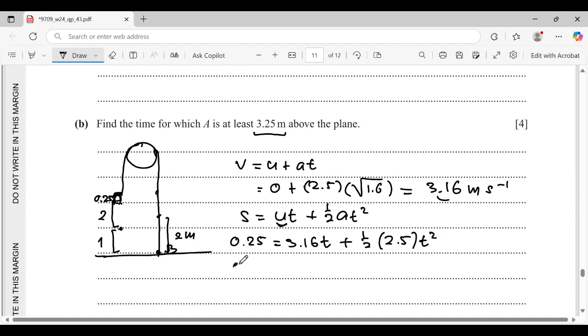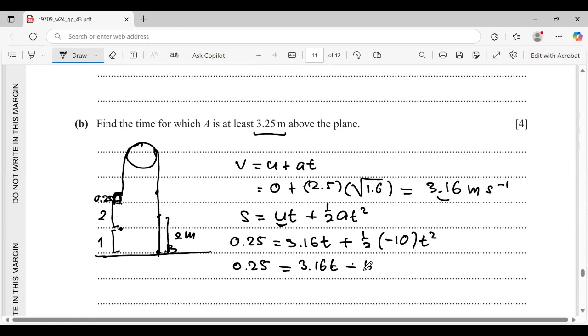Oh, sorry, actually I would like to use the gravitational force here. When particle A goes upwards, it has a gravitational acceleration of -10, because it is opposite to the downward direction of gravity.